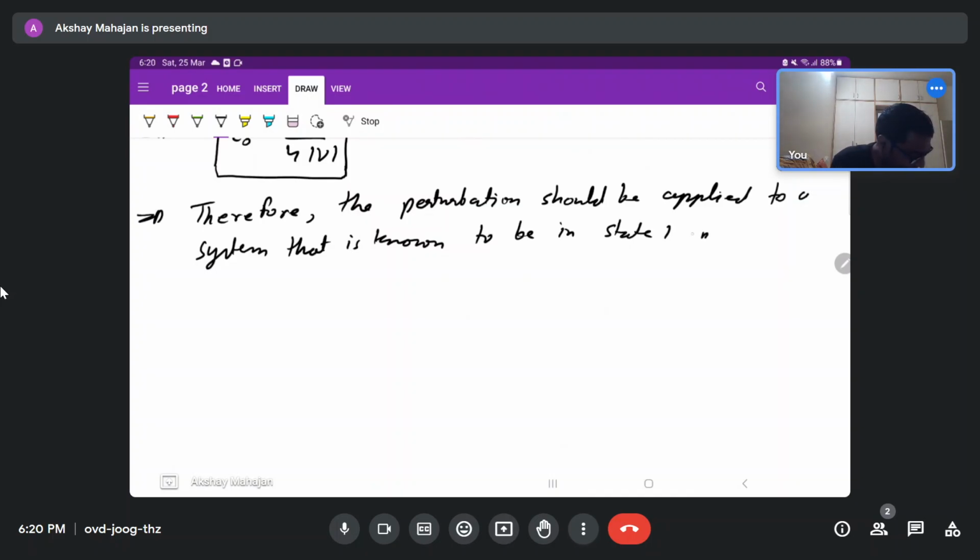So that is what we have taken, and then the perturbation is removed.